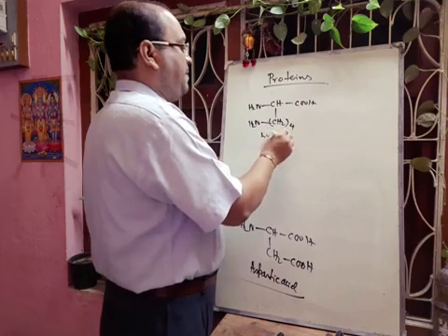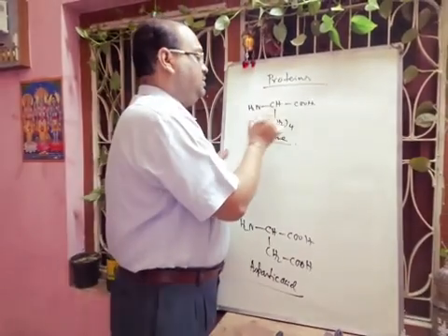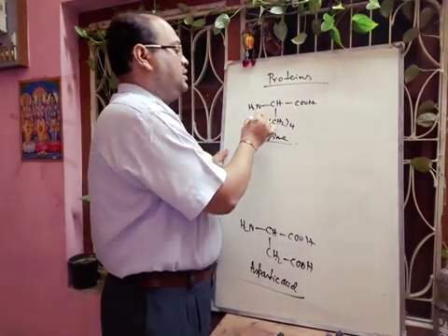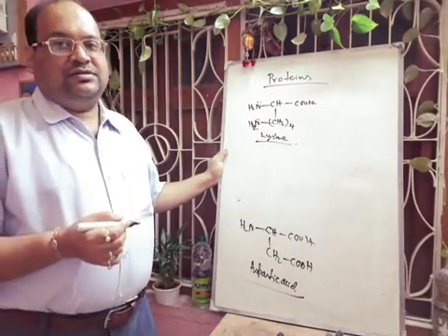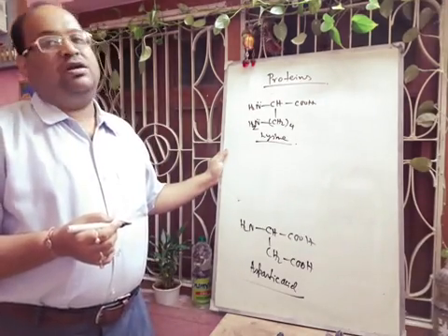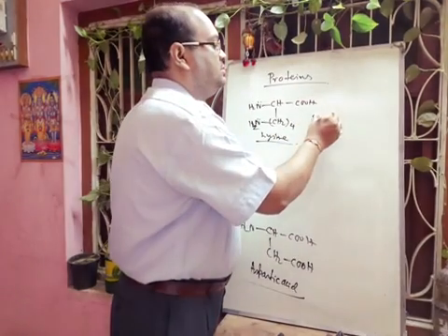This is lysine. As the number of amine groups is 2 and the number of acid groups is 1, that is why it is called a basic amino acid.